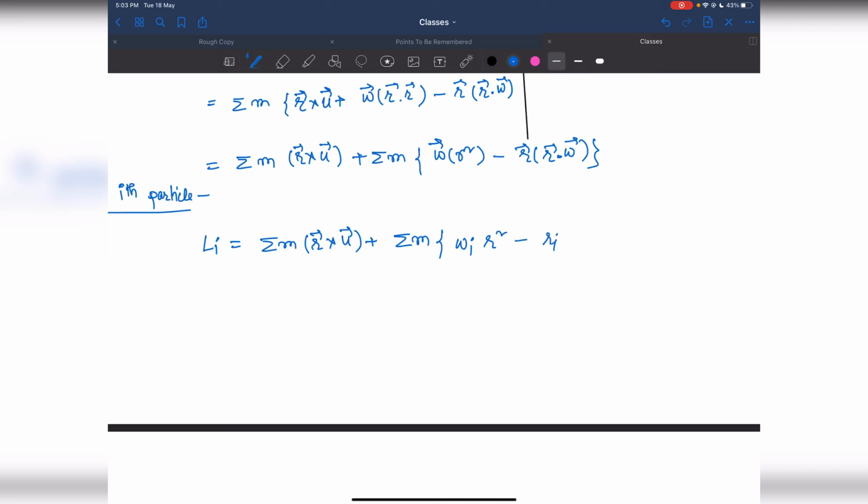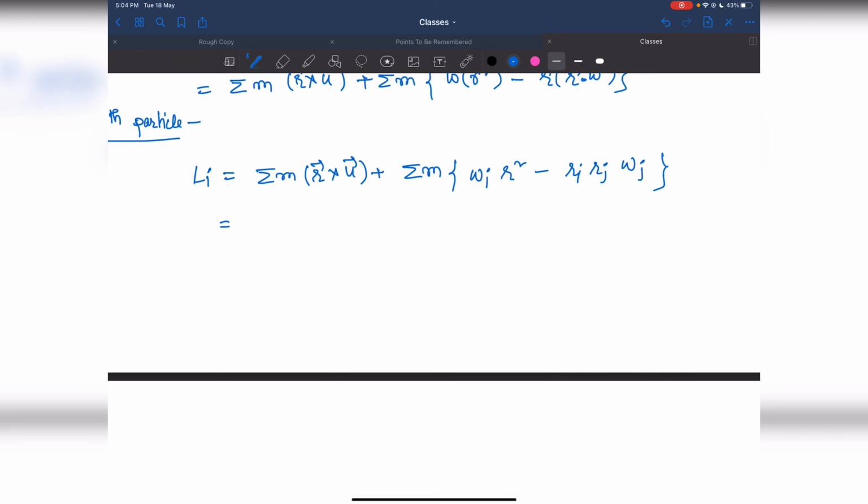Since I have written ri, I can't write ri again, so I will write rj, and since I have already written omega I will write it as omega j. Now I can write this m as the mass of the body, because it is a summation of all the mass, capital M, the mass of the body, and I can write this r as rcm, the distance of the center of mass, cross u.